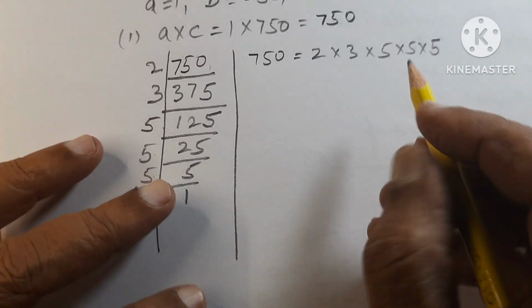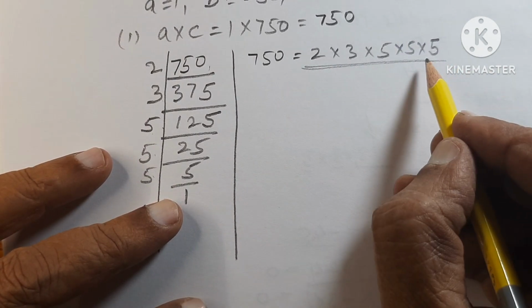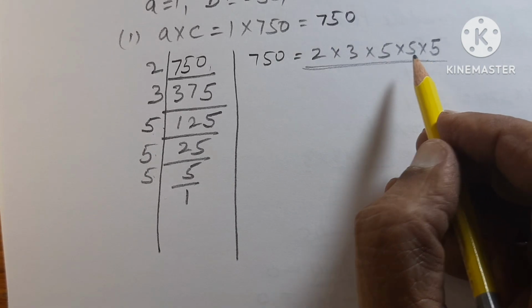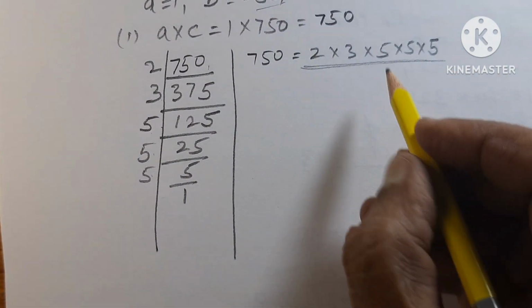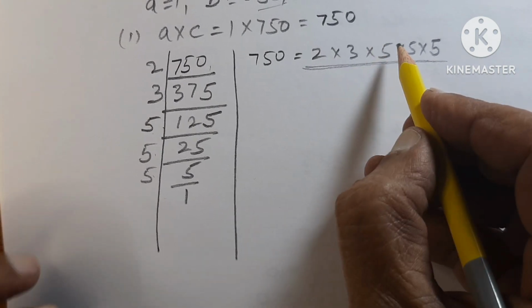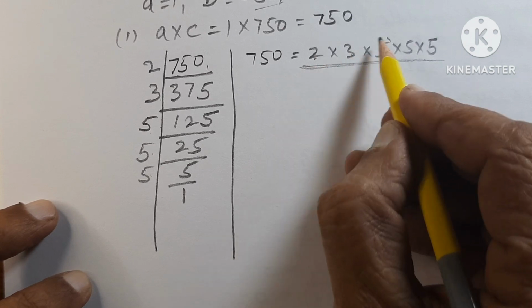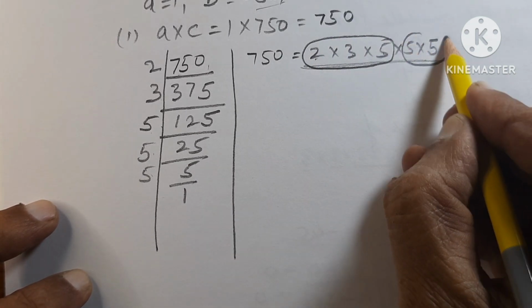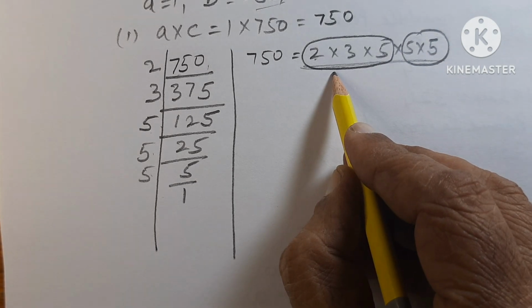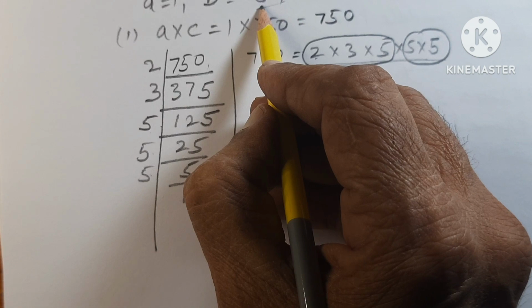Now we have to make groups of these so that the addition should be minus 55. If I make one group like this, 5 times 3 is 15, times 2 is 30, this becomes 30 and this becomes 25. When you add 30 plus 25, it is 55.